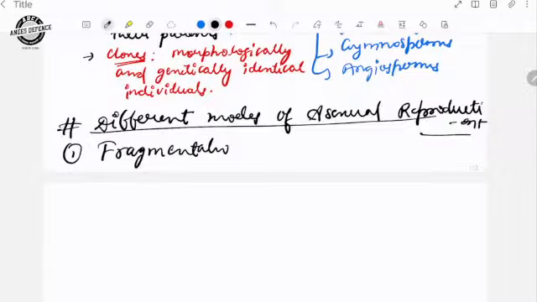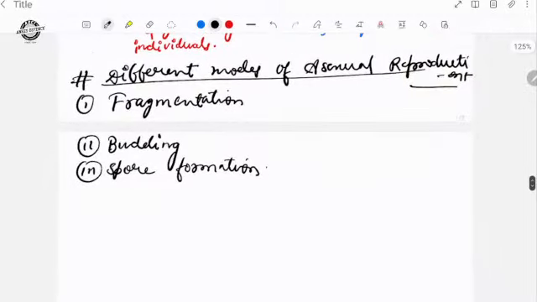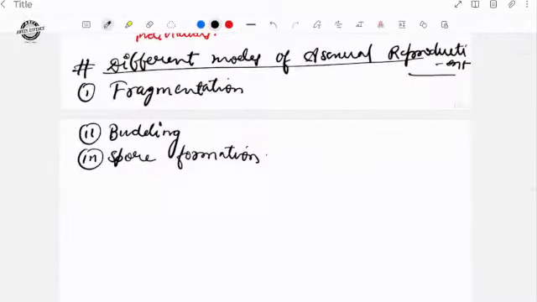First is fragmentation, second is budding, third is spore formation. These are the three important modes through which reproduction occurs in organisms of the lower plant groups, which reproduce through these modes of asexual reproduction. What is fragmentation?